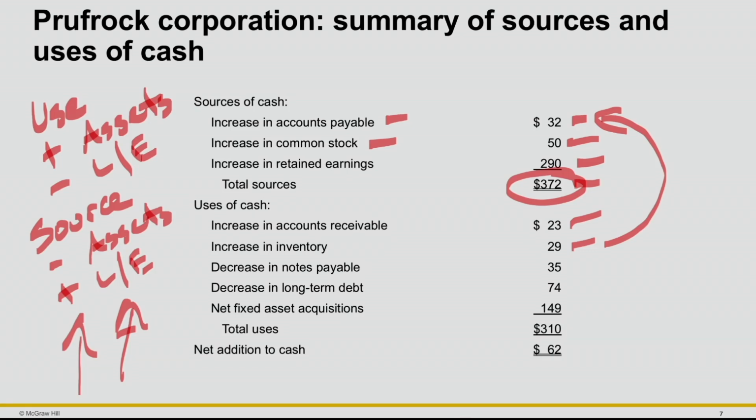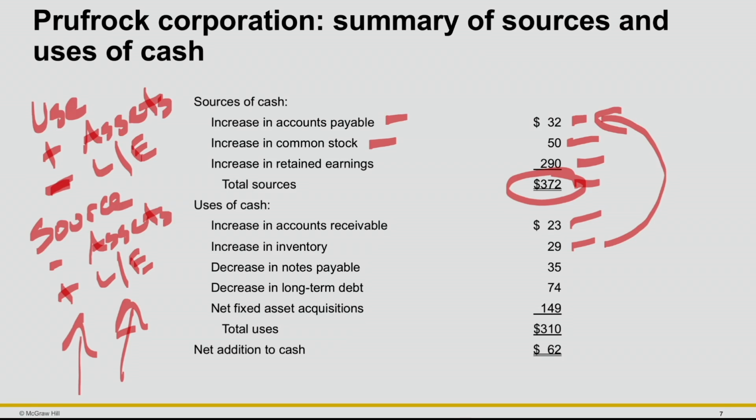That's on the left-hand side, so that is another use. Decrease in notes payable. Well, that is a decrease in a liability. So again, that's a use. Decrease in long-term debt. In other words, we paid back some of our long-term debt. We may have paid off a particular bond issue.